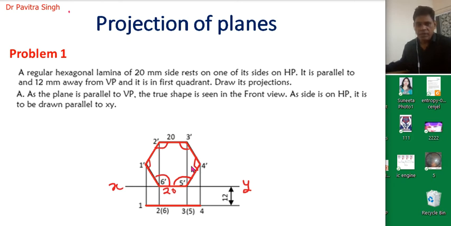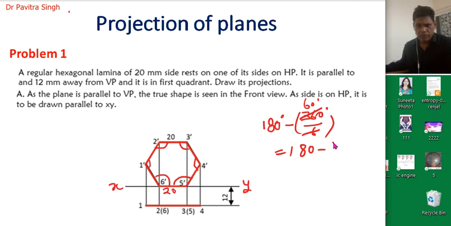So we can calculate this angle: 180 degree minus 360 degree divided by the number of sides, which is 6. So this will be equal to 120 degree. So this angle will be 120 degree.